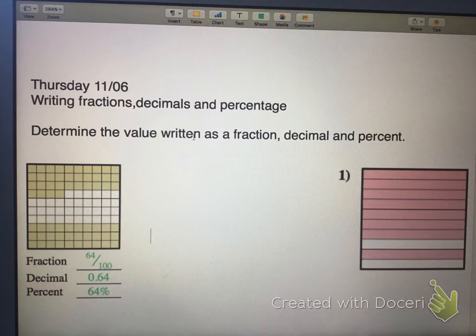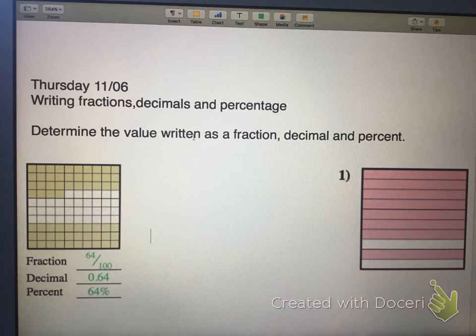Yesterday we focused on how to take a fraction and convert it to a decimal. If you have forgotten, please go back to yesterday's lesson, watch the video, and go through the activity again before you get started. So let's get into it.